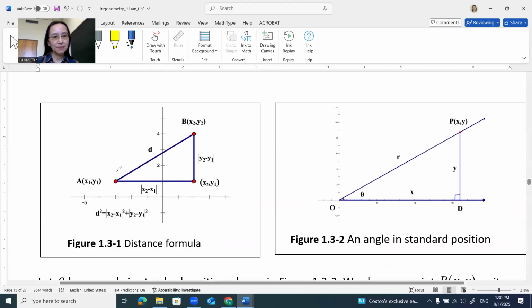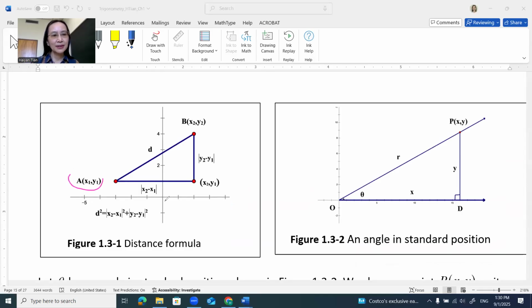So from this picture, you see A with X coordinate, Y coordinate, and B, another point, and the distance between them will be the length of this line segment, right? We want to figure out the length of this line segment.